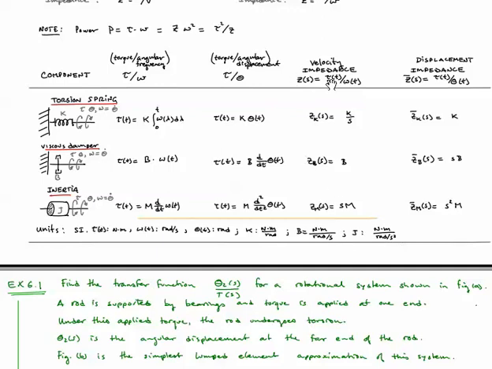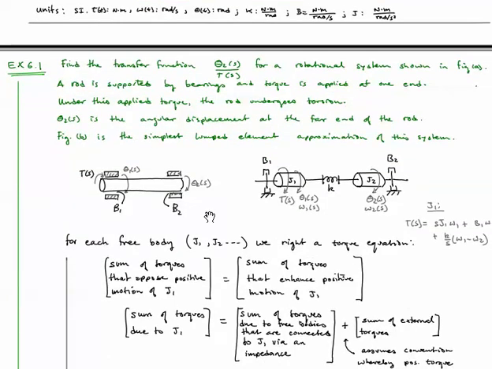Again, it's going to be effort, or torque, divided by flow, which in this case is radians per second, angular frequency. Okay, and things that we'll model are things like this. Here you have a rod, okay, that is supported at two ends by a bearing, and that rod has some mass, has some rotational inertia to it specifically, and there's some friction between the bearings and the rod, and we're going to apply a torque at this front end.